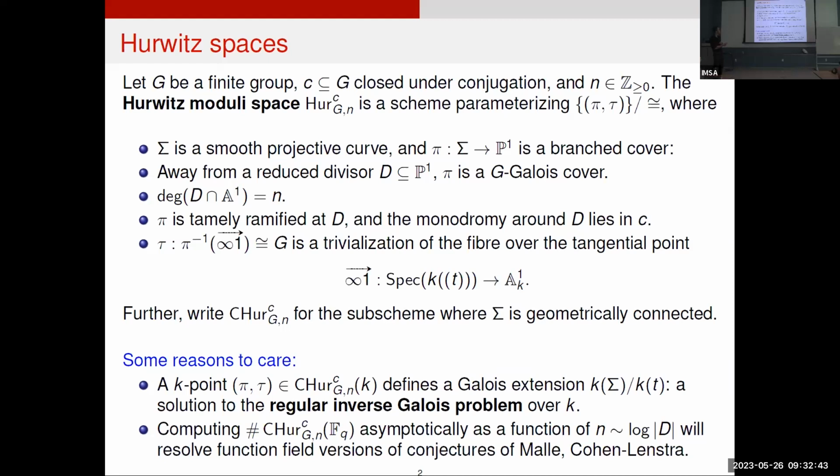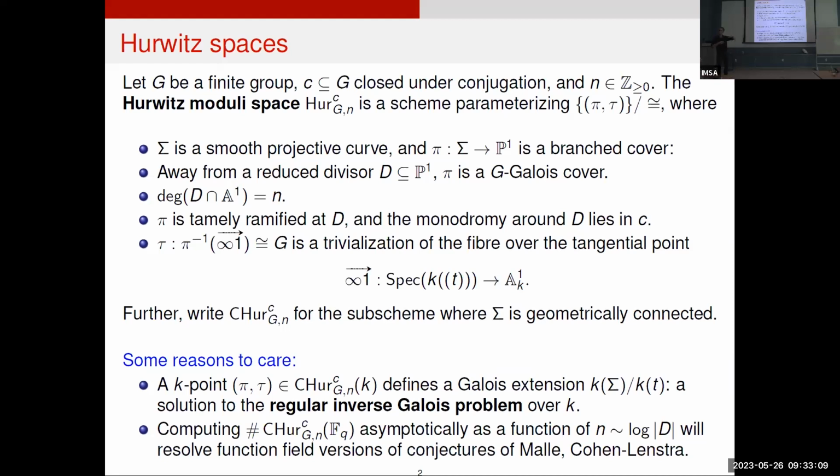But the purpose of the subset C is we are going to force ourselves to only consider branch coverings where the monodromy around these branch points lies in the subset C. And then last and hardest to motivate, this is a branch covering of P1.